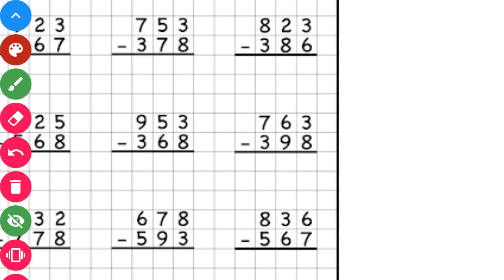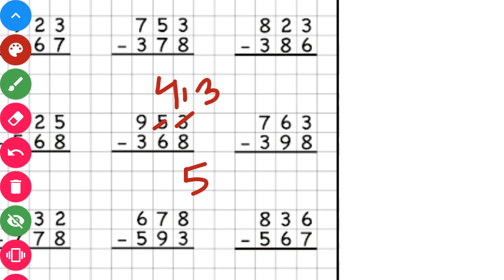We have 3 here and we have to subtract 8 from it, which is not possible. So this 3 will take a borrow from 5. This 3 will become 13 and this 5 will become 4. Now count after 8: 9, 10, 11, 12, 13. We get 5 here.